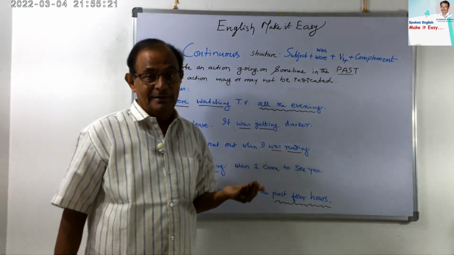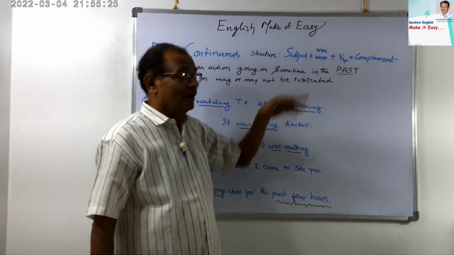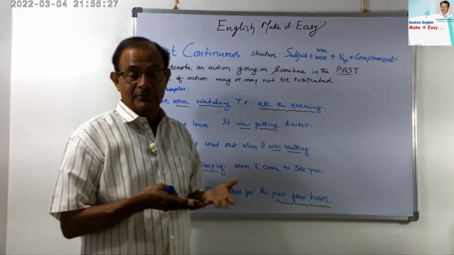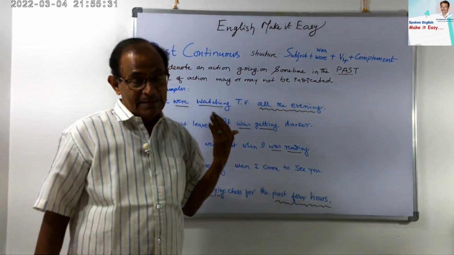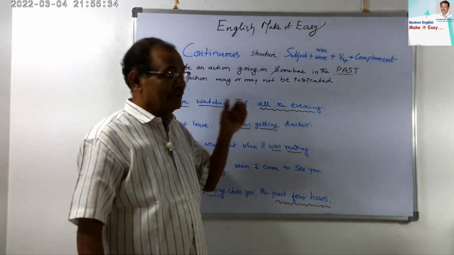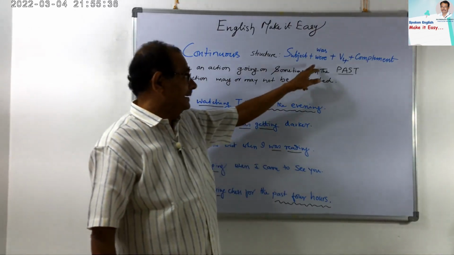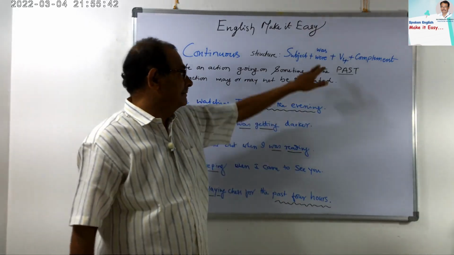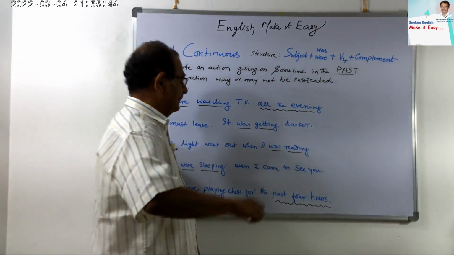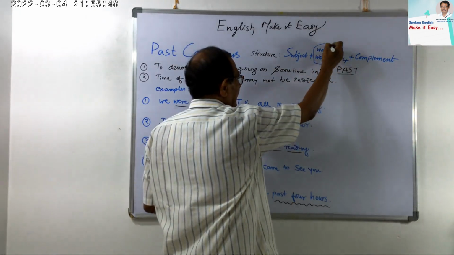The auxiliaries is, am, are are present forms, and was for singular and were for plural are past forms. In present continuous we have taken is, am, are, but in past continuous we are taking was and were. That's all. This is the only difference between present continuous and past continuous.